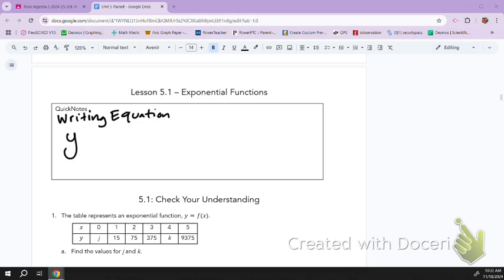It's going to be y equals a times b to the power of x, where a is your starting value and b is your growth rate. Or I'm just going to write our multiplier. It's our multiplier, okay? That's how we write an equation.